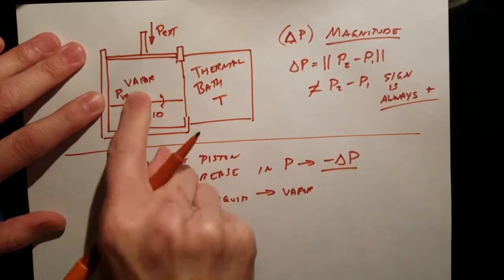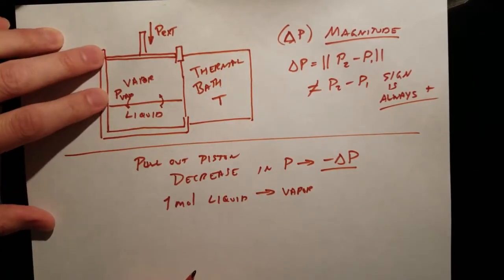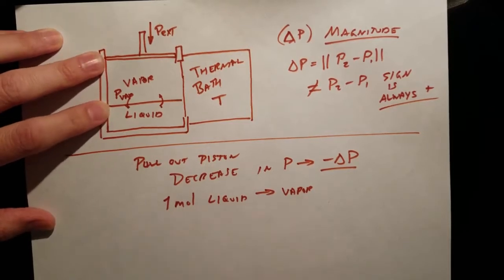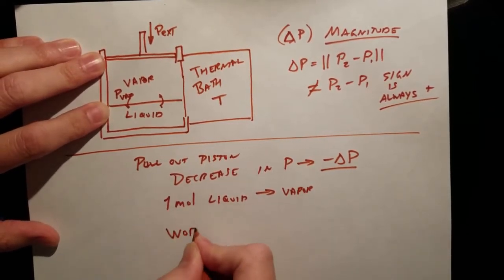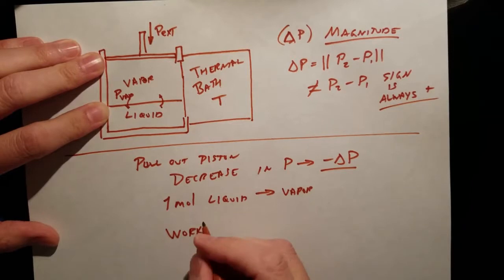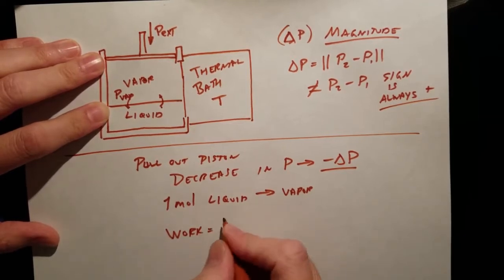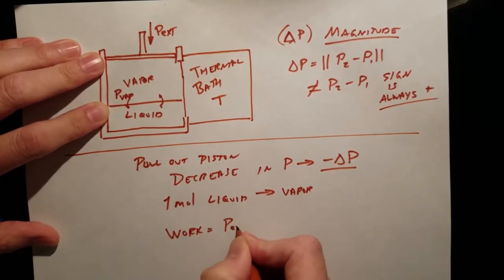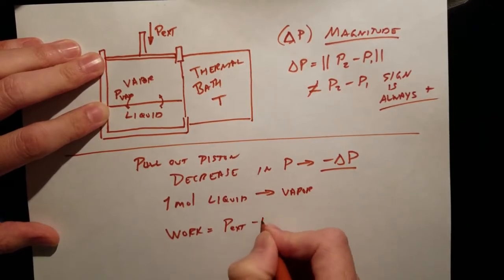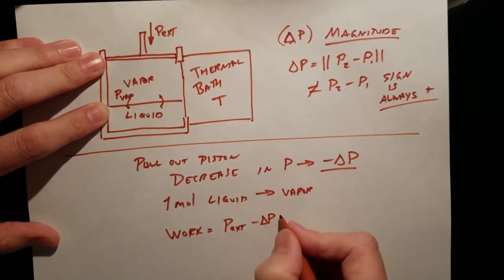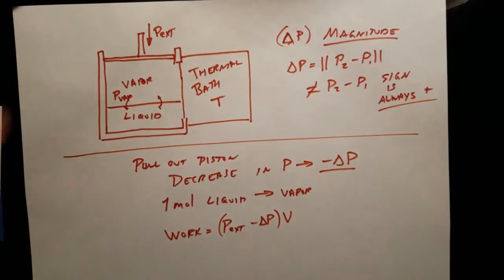So we know some finite amount occurs. Well, the work then is minus delta P V.